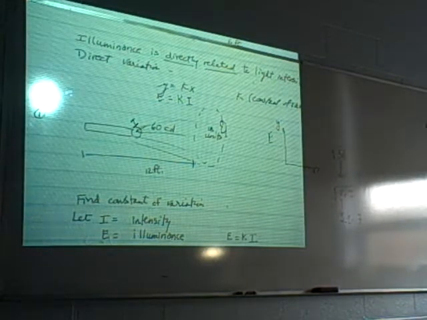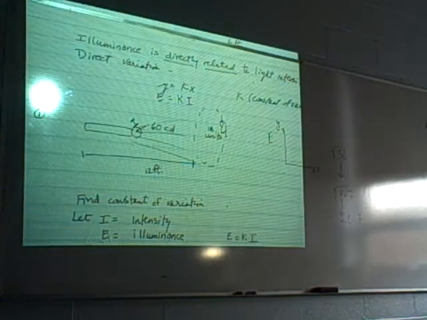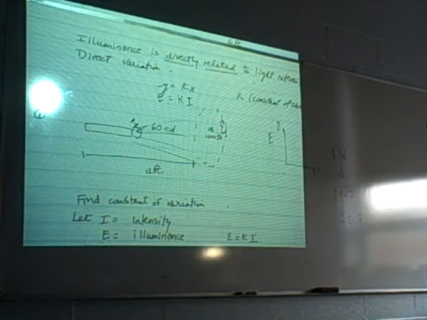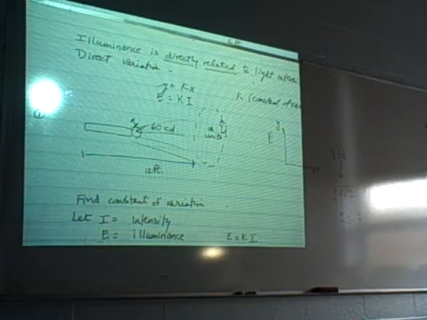All right. So, let me see. All right, I'm going to read this to you. At a distance of 12 feet, and this is what I've illustrated for you, from a 60 CD light source, a photographer's light meter registers an illuminance of 18 units.